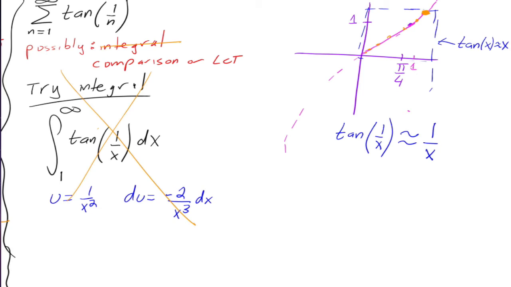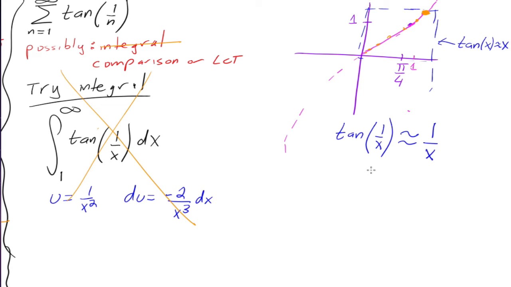Now, out of the two comparison tests, which one is the best option for this particular function? Limit comparison or straight up comparison? Would it be easy to show that it is either less than or greater than?